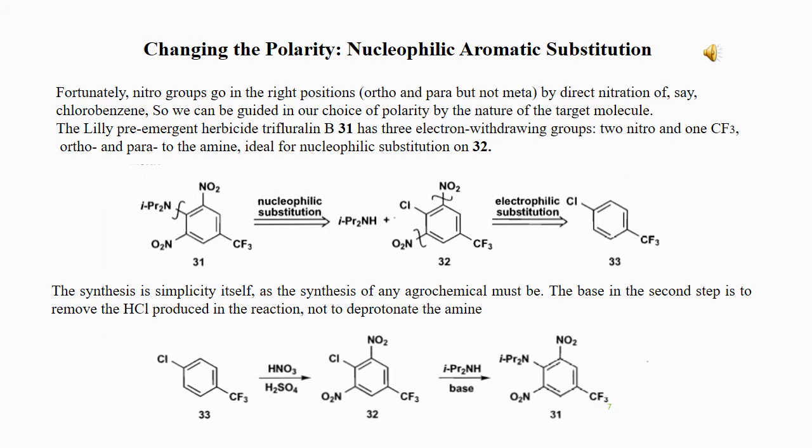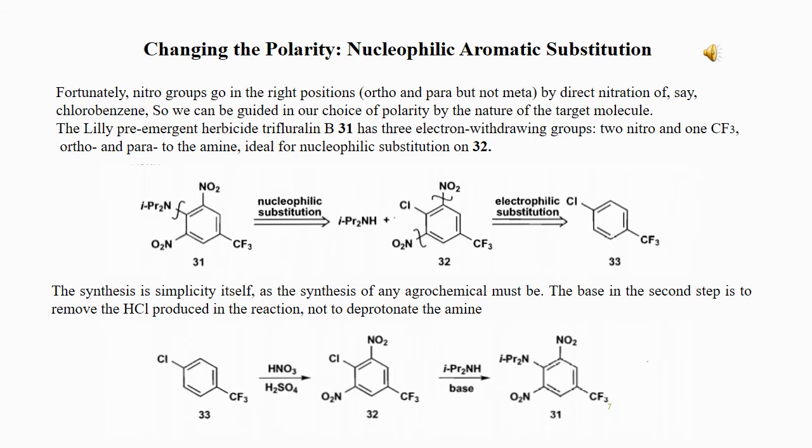Now the pre-emergent herbicide trifluralin, 31, has 3 electron withdrawing groups. So look at this. So many electron withdrawing groups are making the aromatic ring potent for nucleophilic aromatic substitution.